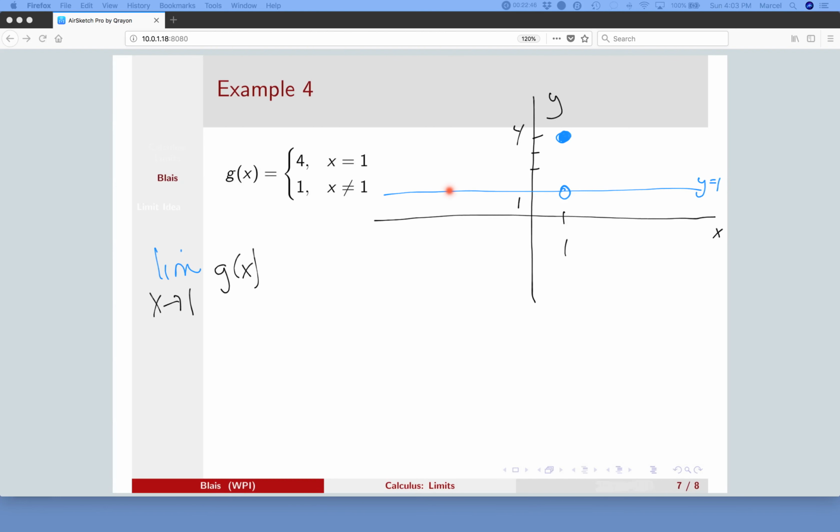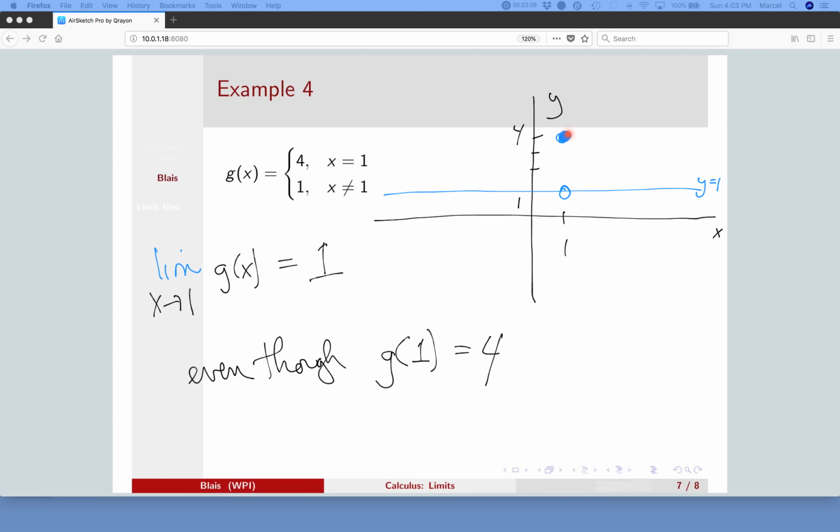As we approach from the left, the function is also approaching 1. So in this case, we actually do have the result that this limit is 1, even though the actual function value is different, is up here.